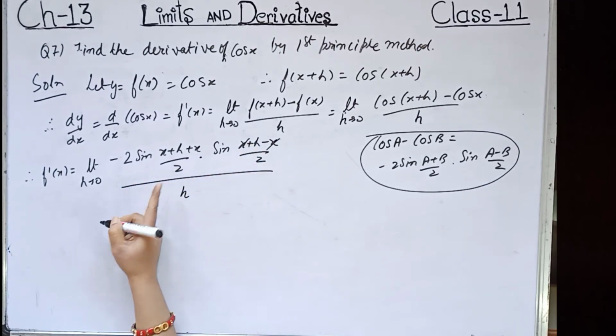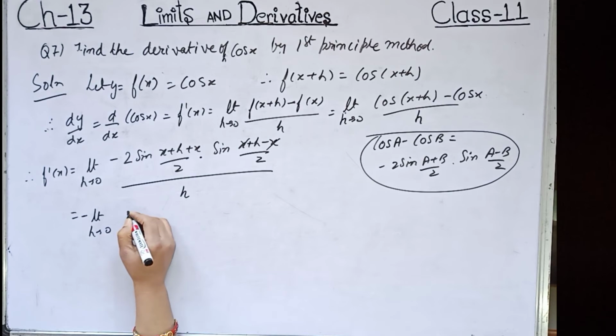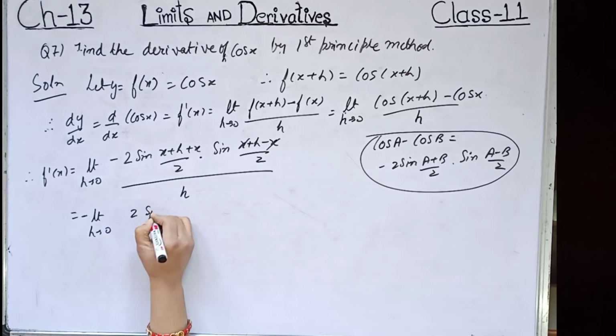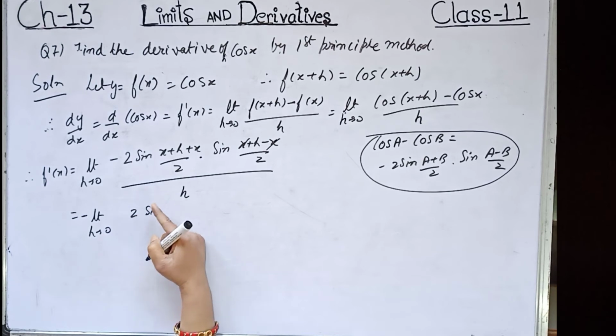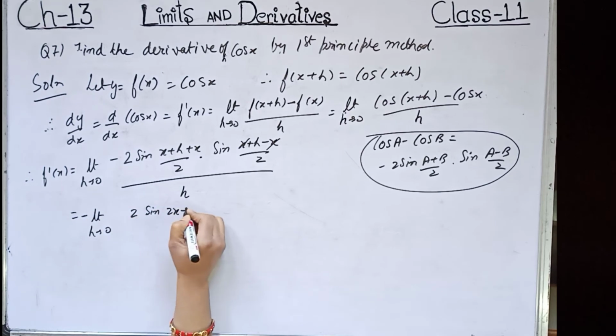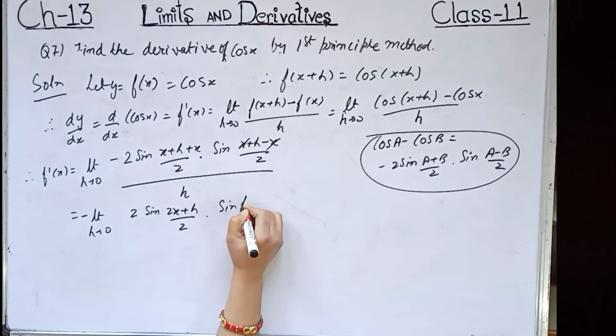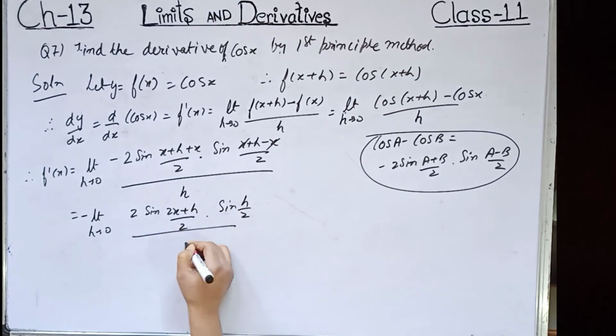The x is cancelled. So it equals limit h tending to 0, I am writing minus outside, minus 2 sin of (2x plus h) by 2 into sin of h by 2 divided by h.